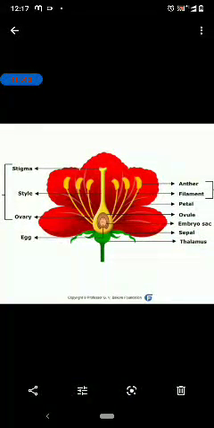Which things have we learned? The female part contains the stigma, style, ovary, and the male portion contains the anther and filament.